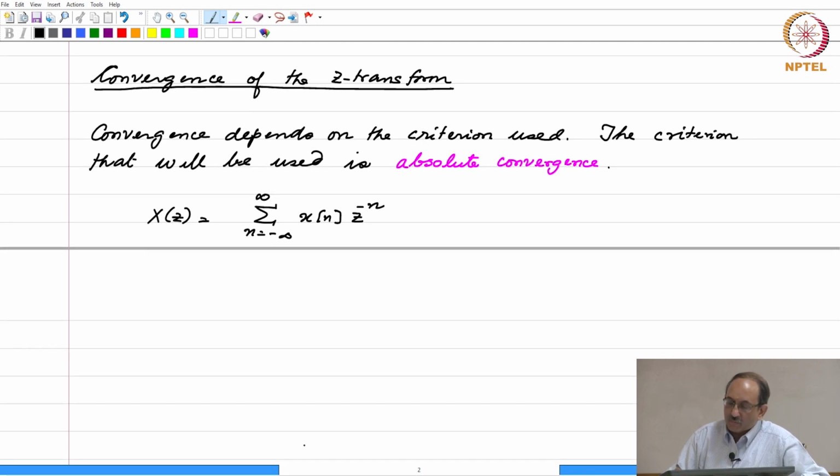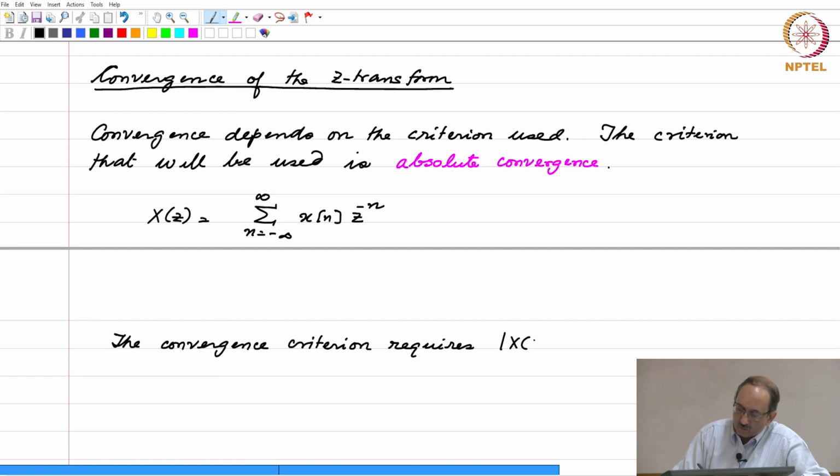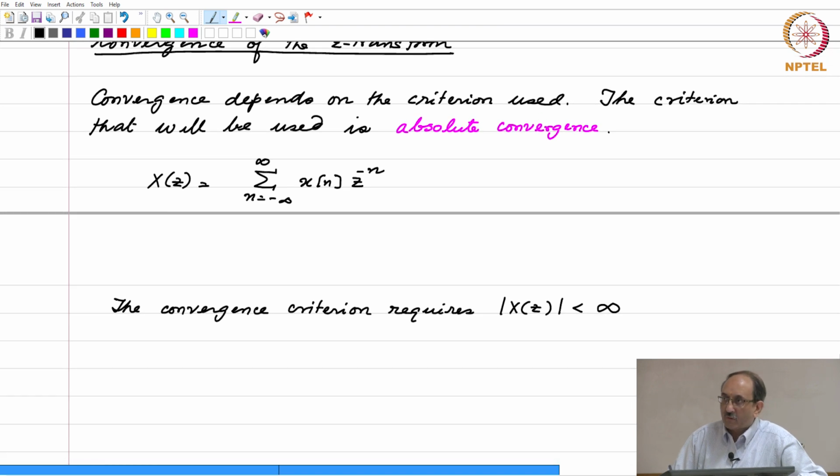The absolute convergence criterion demands that mod X of z be less than infinity. So, this is the criterion for absolute convergence. So, let us examine mod X of z.